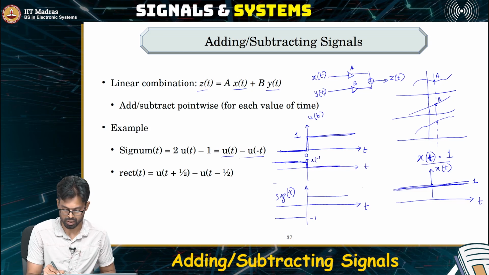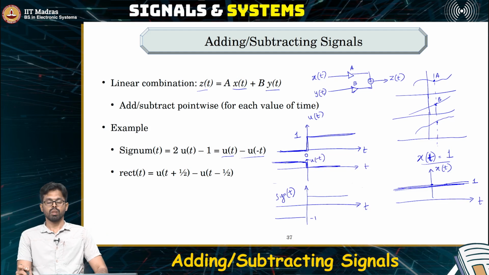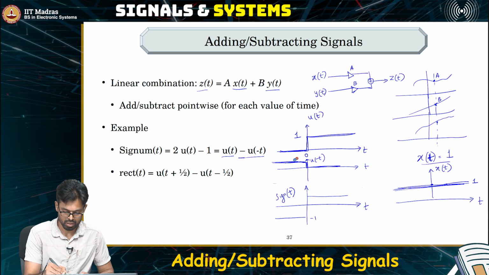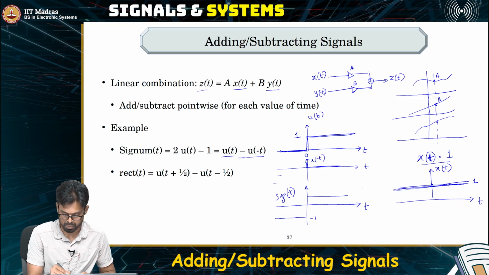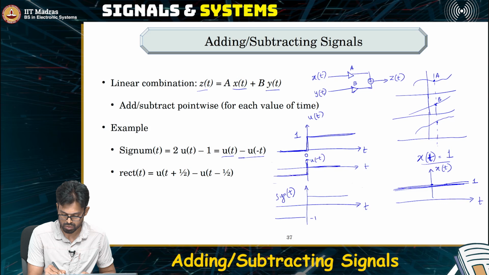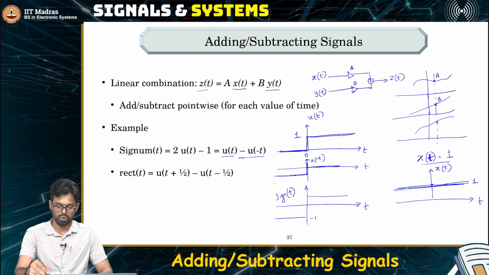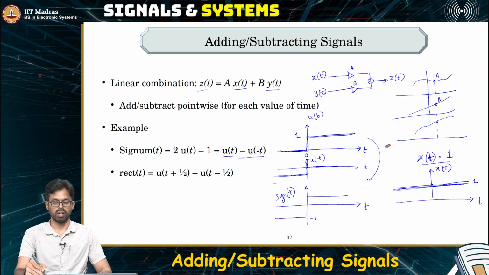This is u of minus t, and then you subtract it. If you're subtracting, whatever is the sign here, it just comes down. Now you just add these two and you get the sign function again.